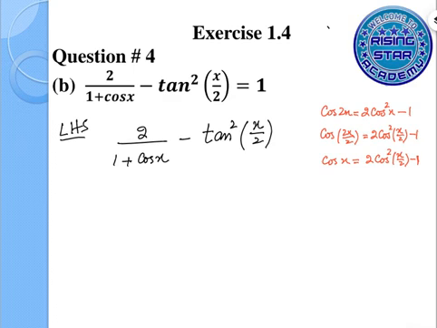Now I will rearrange. Negative 1 will go on the other side, so it would become 1 plus cos x, that is equal to 2 cos square of x over 2. So this is my required formula that I would replace over here.